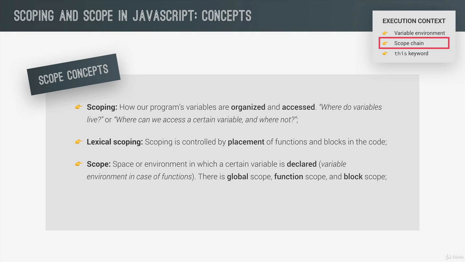But first, let's also define what the scope of a variable is. So the scope of a variable is basically the entire region of our code where a certain variable can be accessed. Now, some people use the word scope for all of this, but I like to define all these concepts in a clear way because there are actually subtle differences.